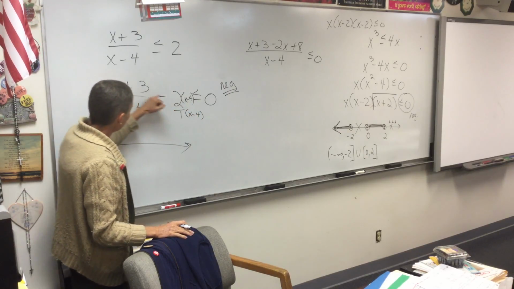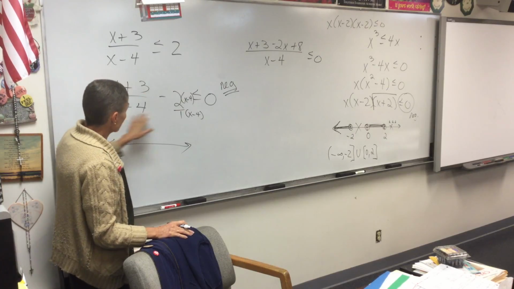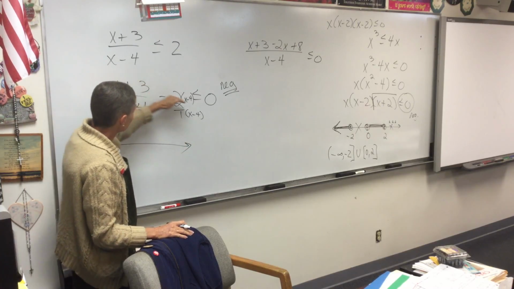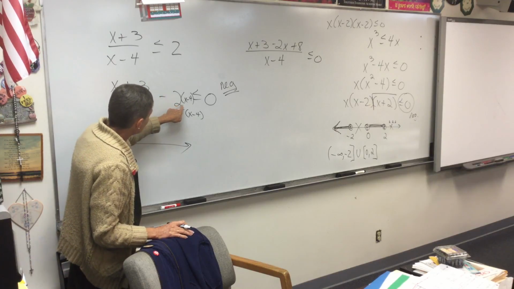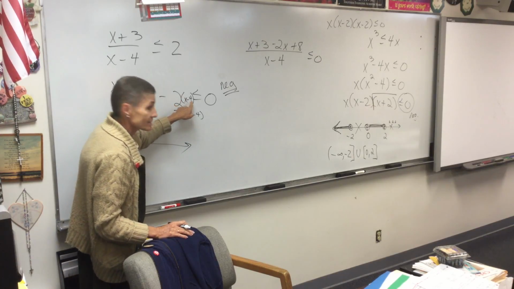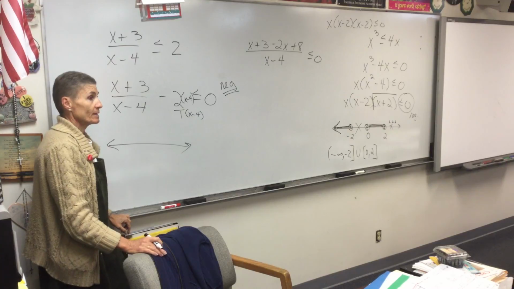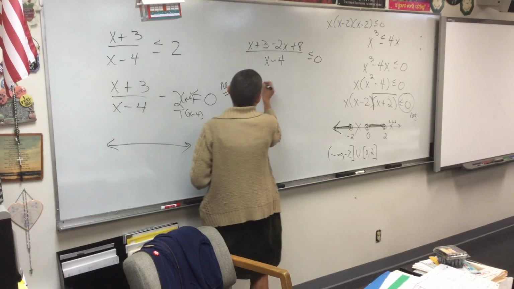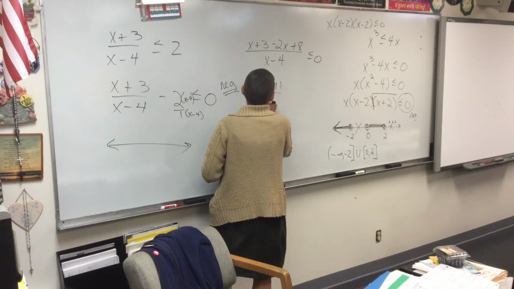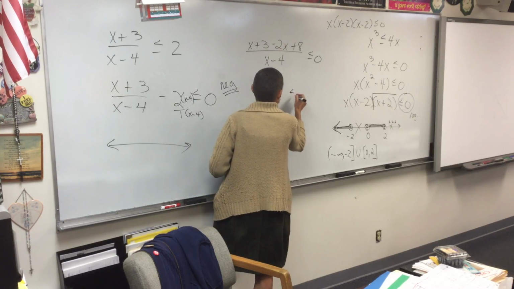And then I'm going to put all this together in one numerator, because now the denominators match. So I have x plus 3 minus 2x plus 8. Everybody okay with that? Yeah. Now let's simplify. So we have negative x plus 11 over x minus 4.